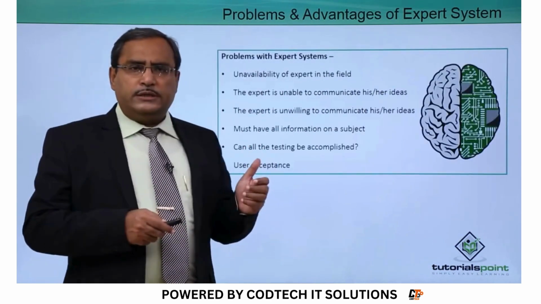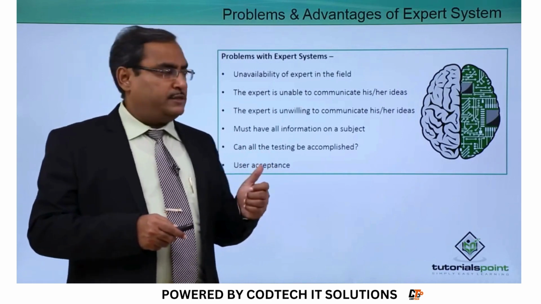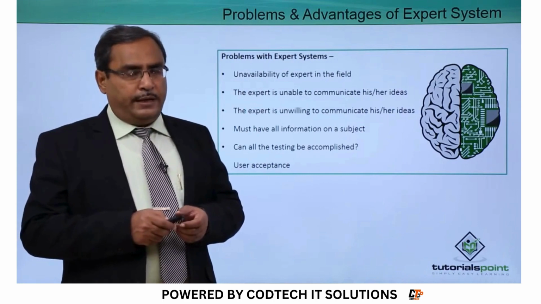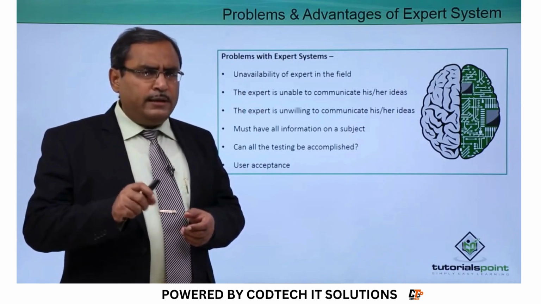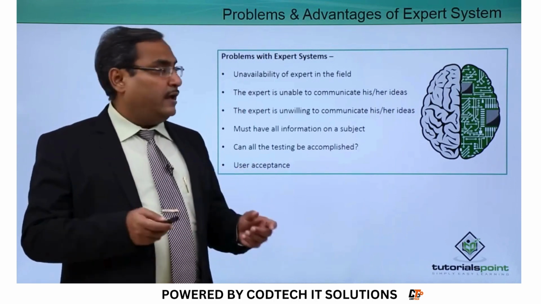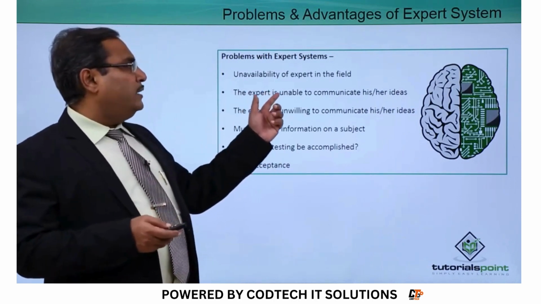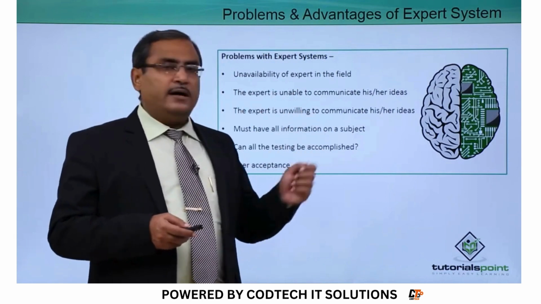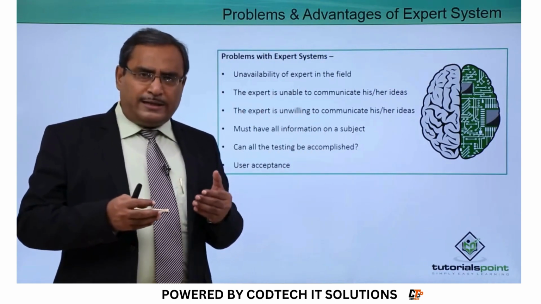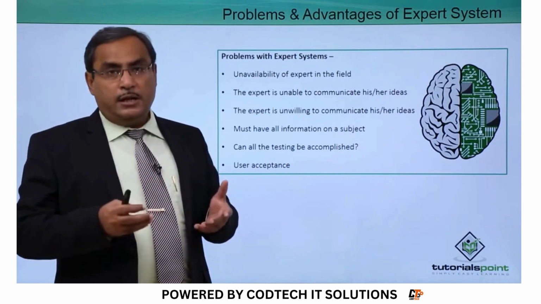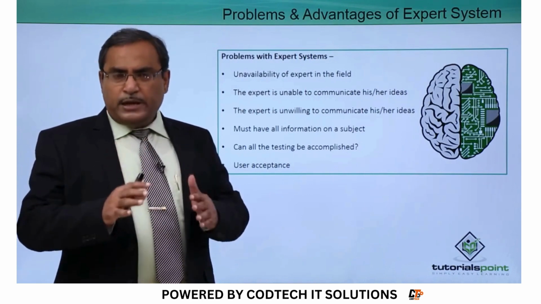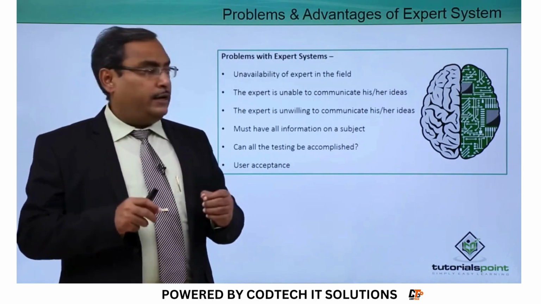At first we are going to discuss the problems with expert system. Unavailability of expert in the field. In a certain domain, sometimes it may happen that the respective expert is not available. The expert is unable to communicate his or her ideas. Whatever the user has asked for, whatever ideas the user has shared, the expert system is not in a position to communicate with him or her accordingly.